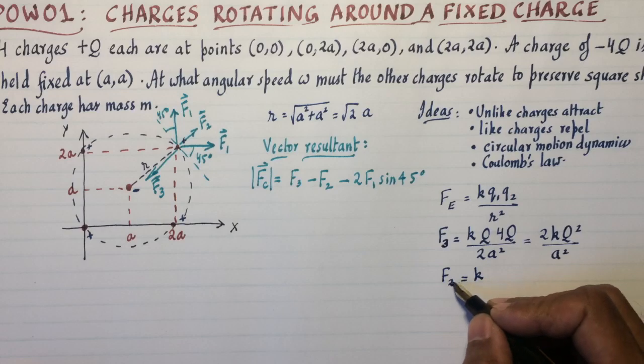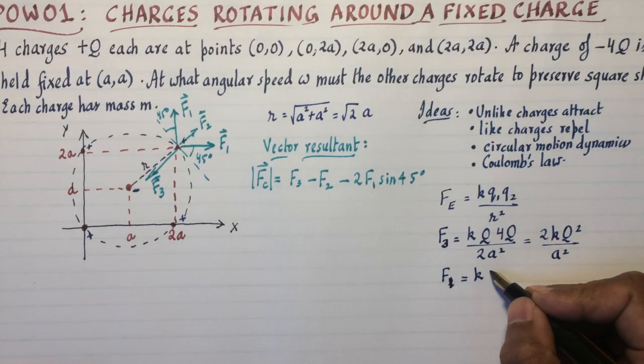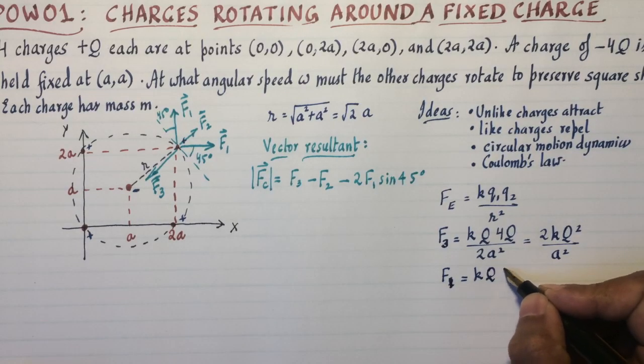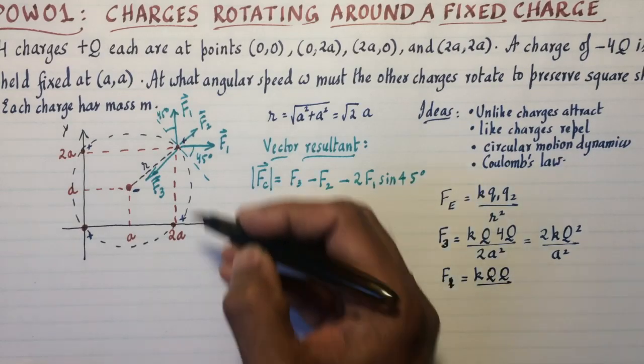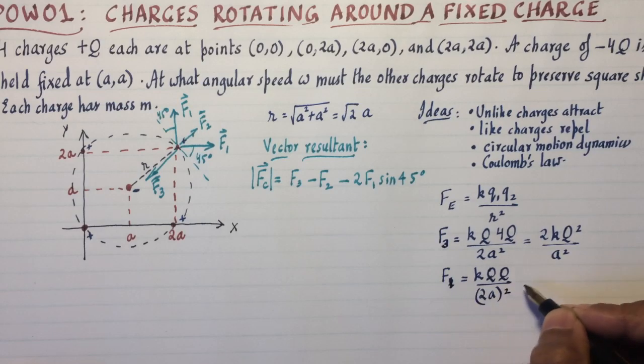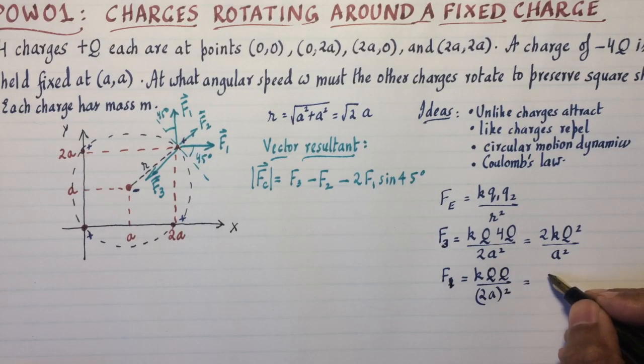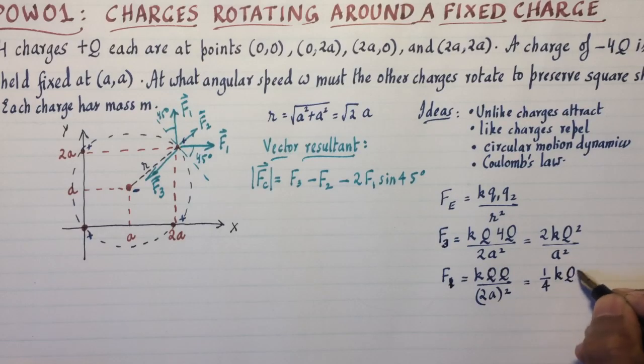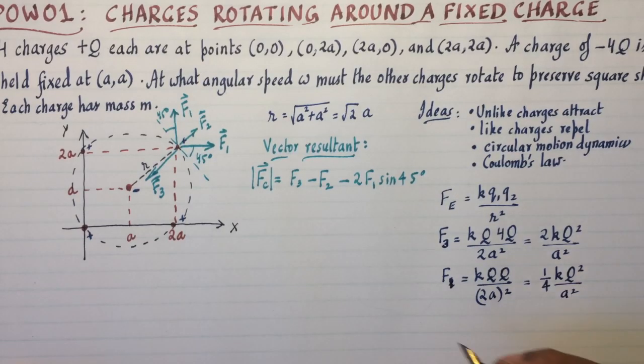So let's do F1 next. F1 is going to be K times Q divided by this distance, which is 2A, the whole thing squared. So that's going to be 1/4 KQ squared over A squared.